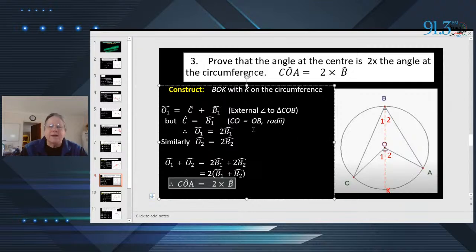So you must write CO equals OB, comma, radii in this case, which in effect is equal sides, equal angles. So now we look at what we wrote. If angle C and angle B is equal, we can basically replace them with twice angle B1.